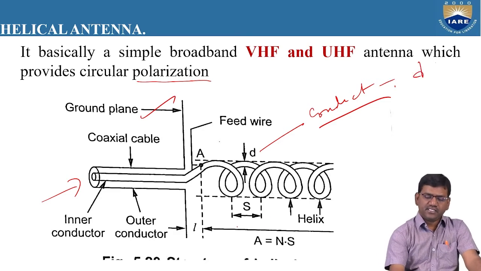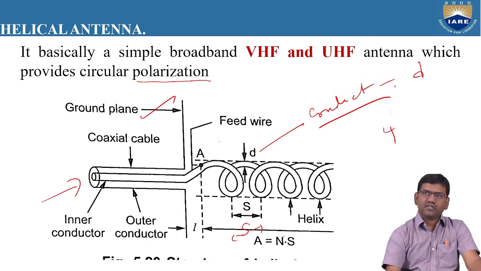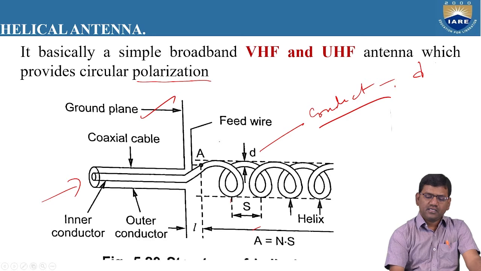And here S represents the spacing between the turns. Here there are 4 loops, and there is spacing between the 2 turns. This is one turn, this is another turn, and the spacing between these 2 turns is taken as capital S.